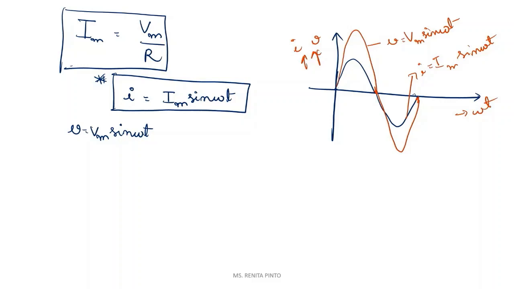Now, voltage and current are changing at every instant, right? So the instantaneous power in the circuit is nothing but the product of the voltage and the current. So by using that, let me find out what is the instantaneous power.